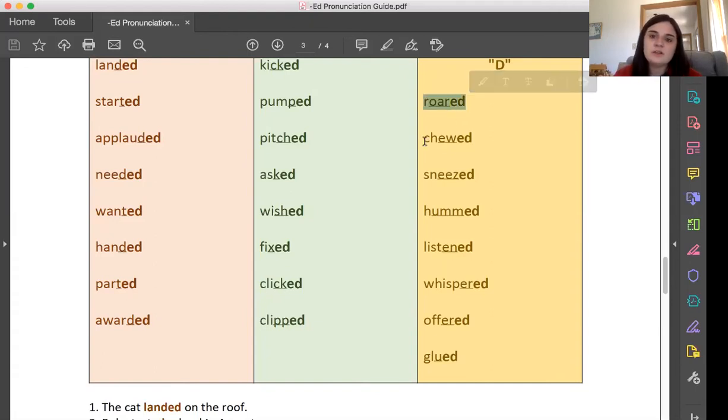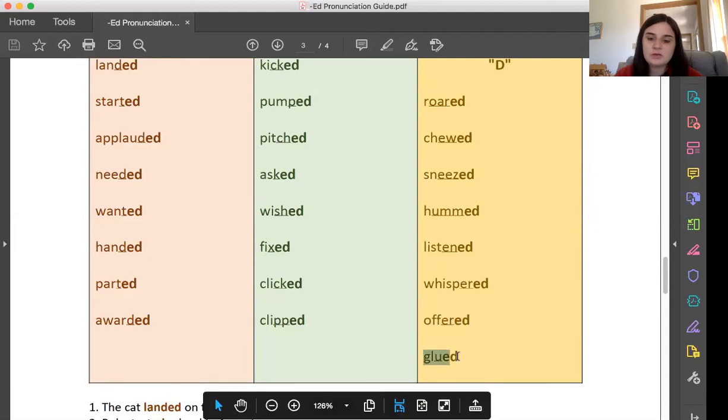Roared, chewed, sneezed, hummed, listened, whispered, offered, glued. D has that duh sound.